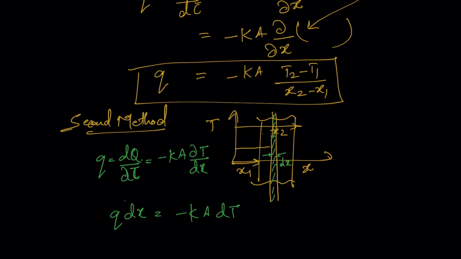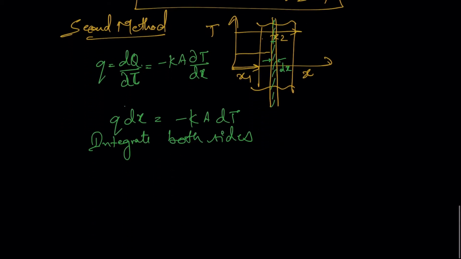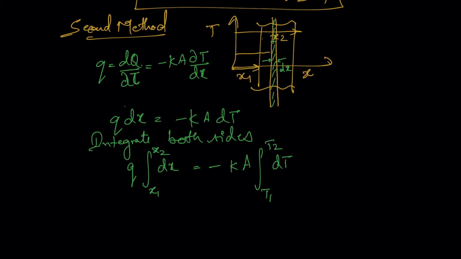So if you integrate both sides, q you can take outside the integration, minus Ka, K is constant, A is constant, dT. At x equals x1 temperature is T1, at x equals x2 temperature is T2, right?